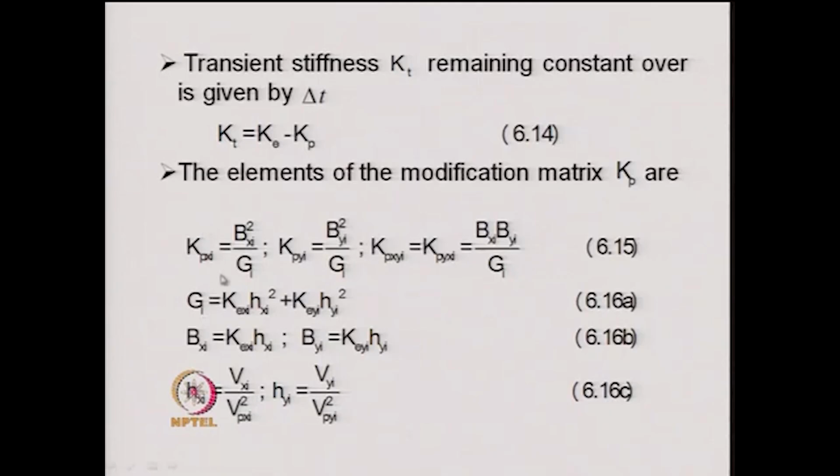Now, Kpxi, Kpyi, Kpxyi and Kpyxi are given by these formulas, where Bxi and Byi are defined by this Kexi and Keyi multiplied by Hxi and Hyi, where Hxi and Hyi are related to Vxi and Vpxi in this particular form.